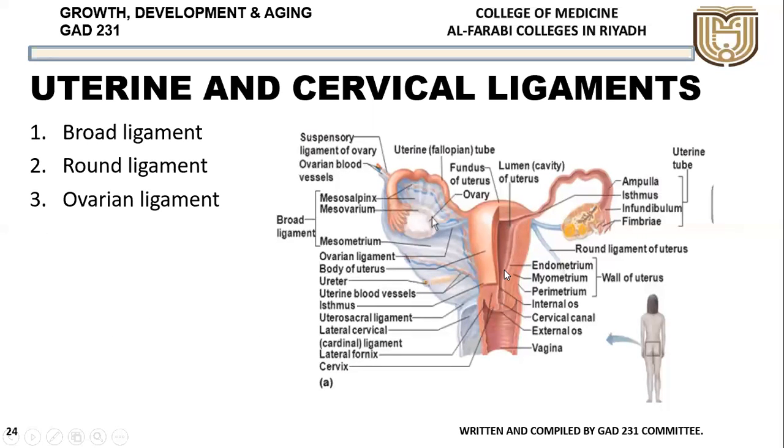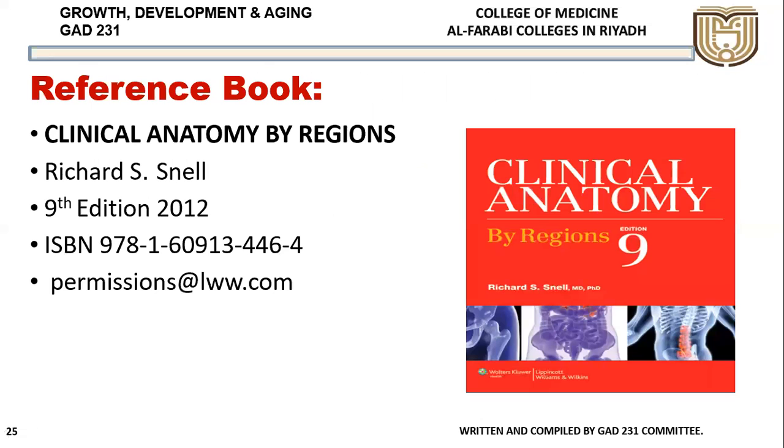Then we have the round ligament of the uterus. And then we have the ovarian ligament, on either side. So there are three ligaments: broad ligament, round ligament, and ovarian ligament. These are the three ligaments you should remember. Later you'll study more, but right now you should remember these three.